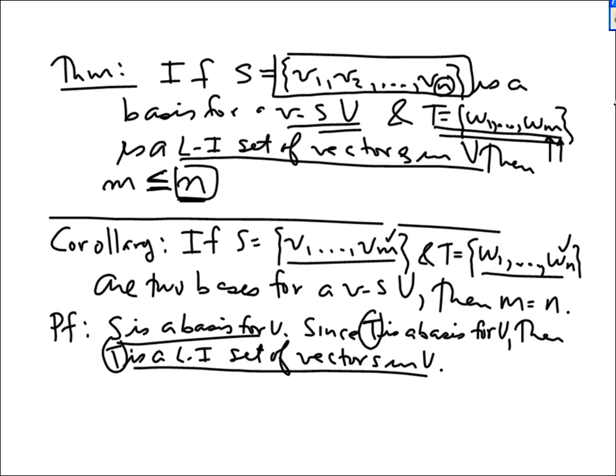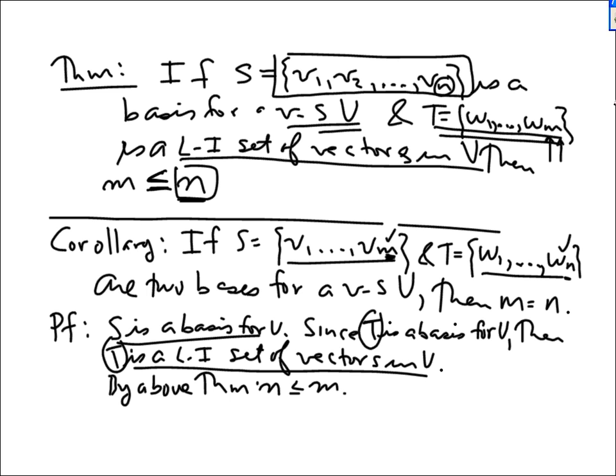And S is a basis. By the above theorem, the number of vectors in the linearly independent set T, which is n, must be less than or equal to the number of vectors in the basis S.